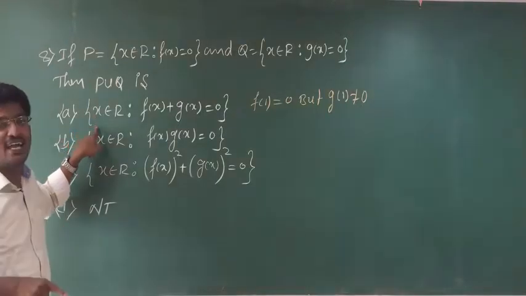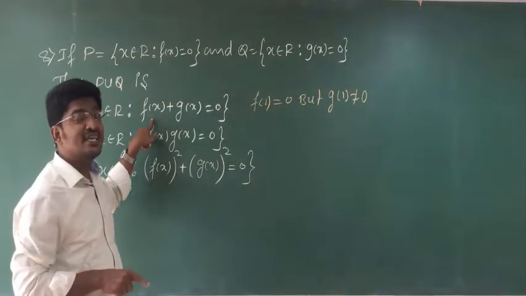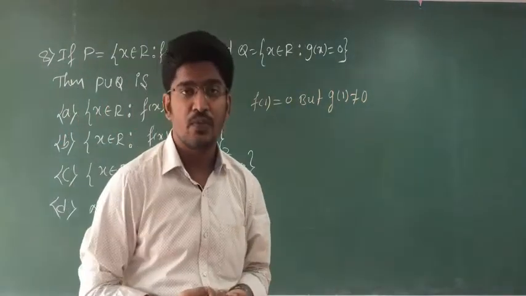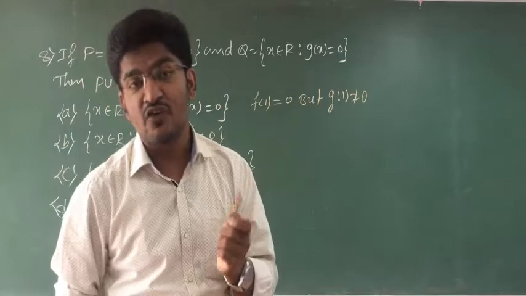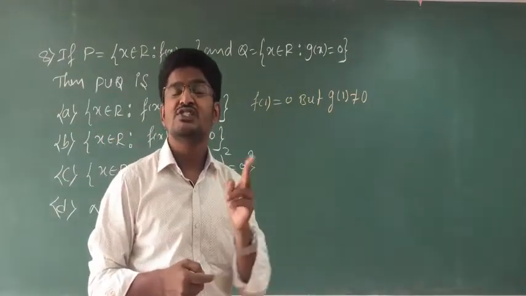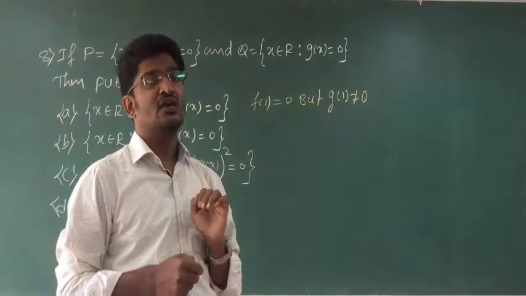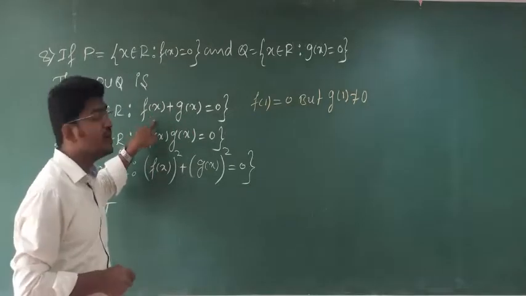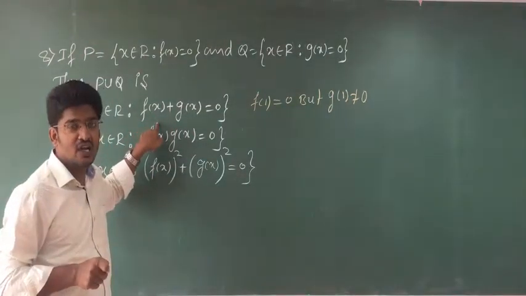So option A tells that f of x and g of x both together have to be 0. That means there is no difference between f and g according to this particular option. Are you getting my point?